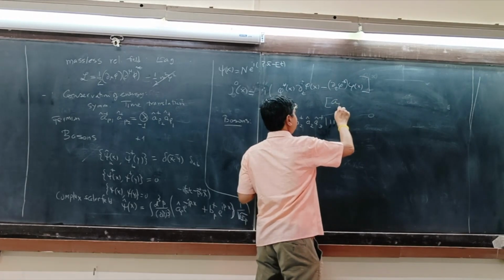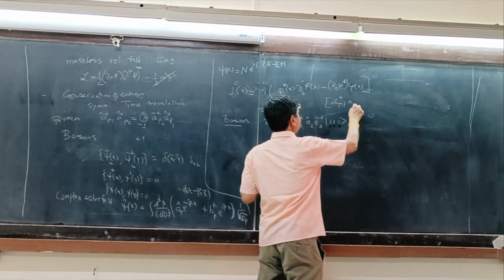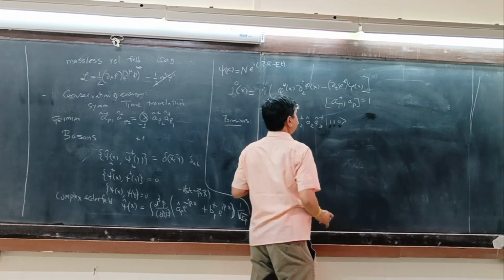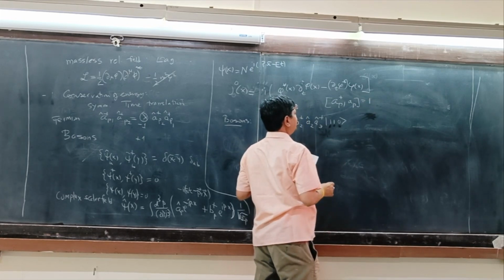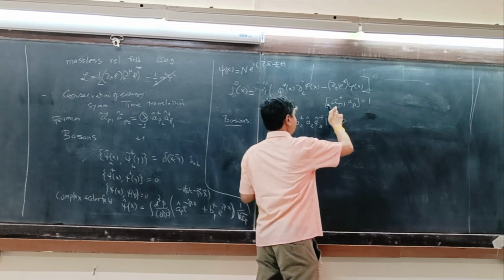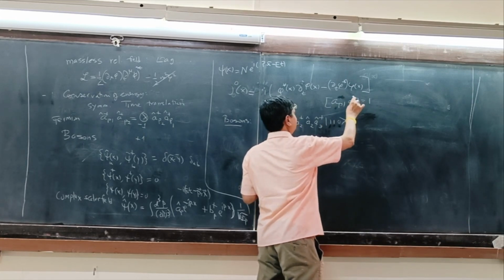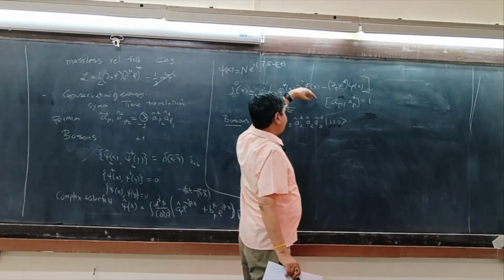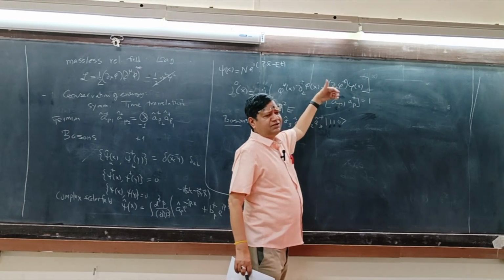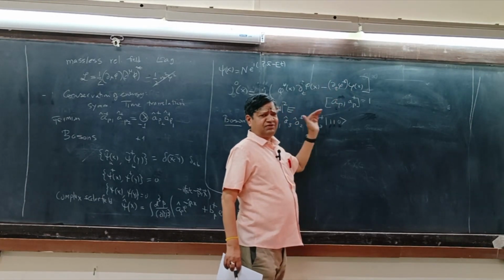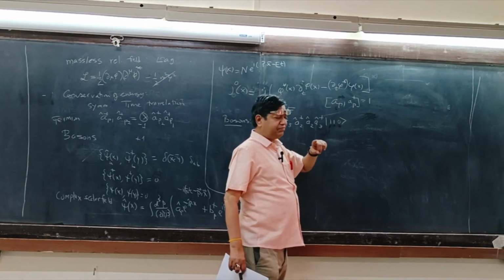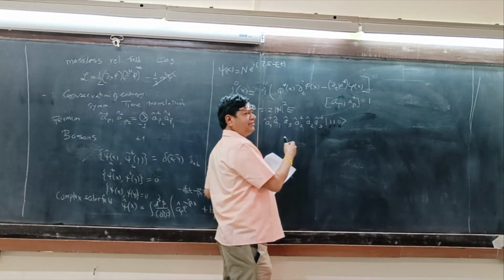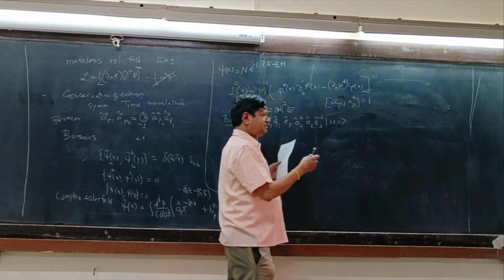So for bosons, A_p A_p dagger is equal to 1. Okay. But otherwise, if it is a different momentum, then they will commute. You can shift around if they are not the same momentum. So we can shift around without any problem because they commute.